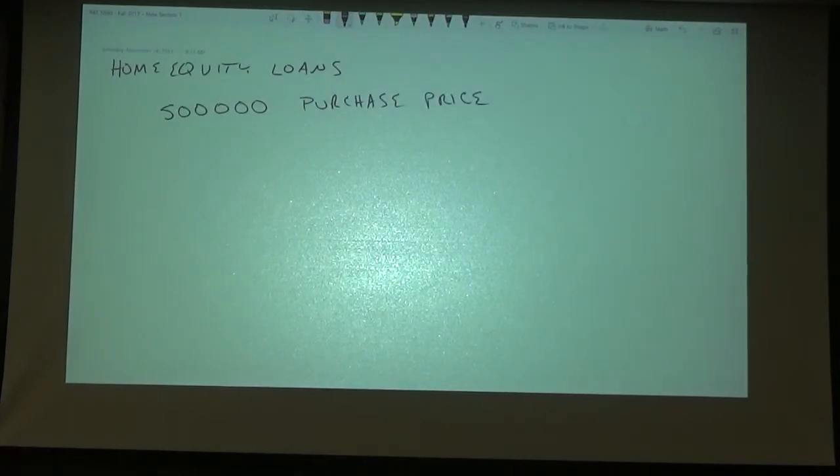And maybe you've got a $400,000 outstanding mortgage. And in this case, the property is currently worth $700,000.